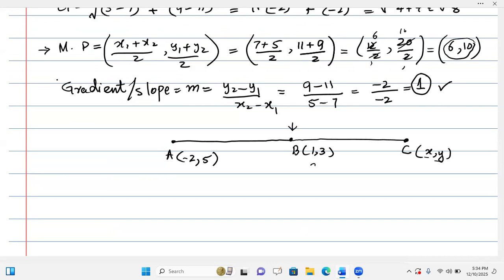Our answer x comma y is given, x1 y1 is given. We need to calculate x2 and y2.